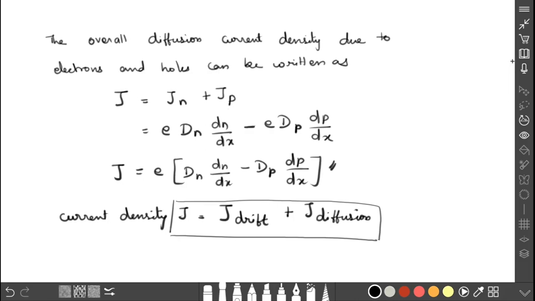In conductors only drift current is possible, but in a semiconductor both drift and diffusion current are responsible for generating current. Moreover, I discussed the definition part, in which direction the current will flow, and the expression to represent the drift current and diffusion current due to electrons and holes. Everything we discussed here, so you just go through it.